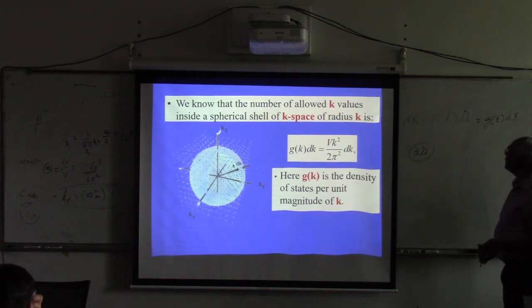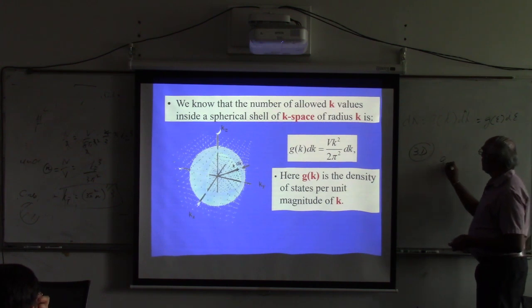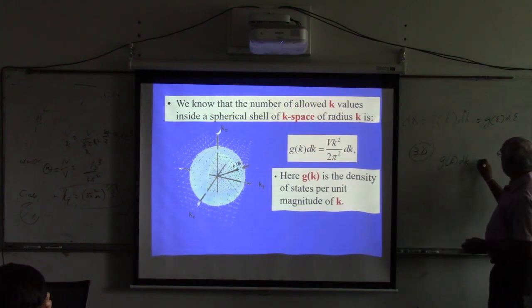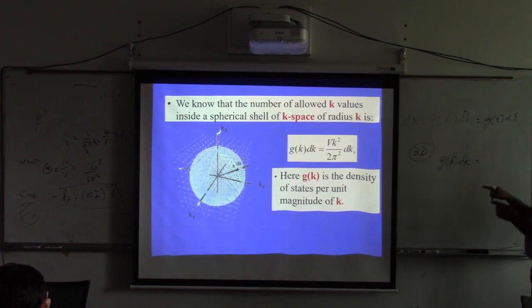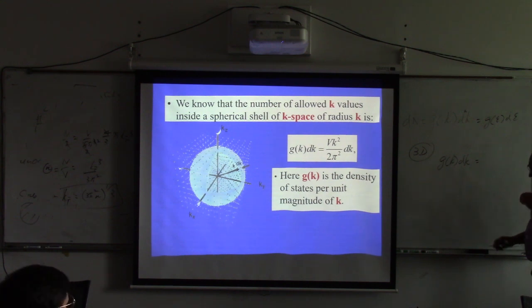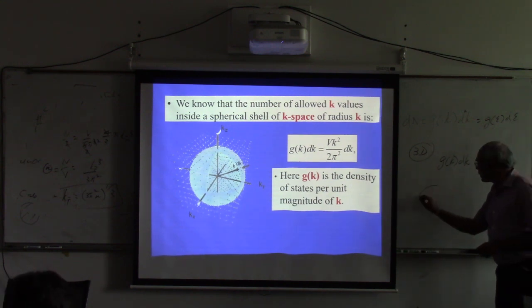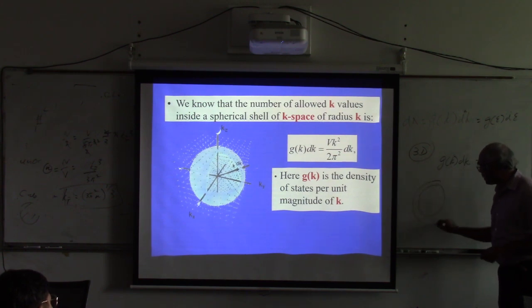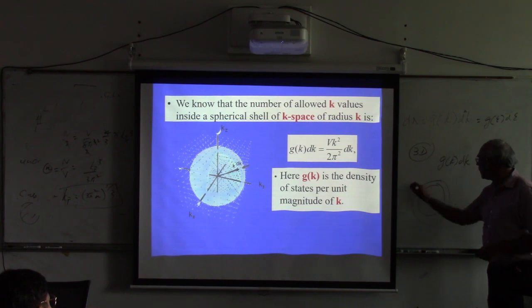In the three-dimensional case, you can easily write G(k) dk. Let's take the total number of states in the three-dimensional case; please look at this. If you do it this way you will never make a mistake. This is my k space, with all the k points here.